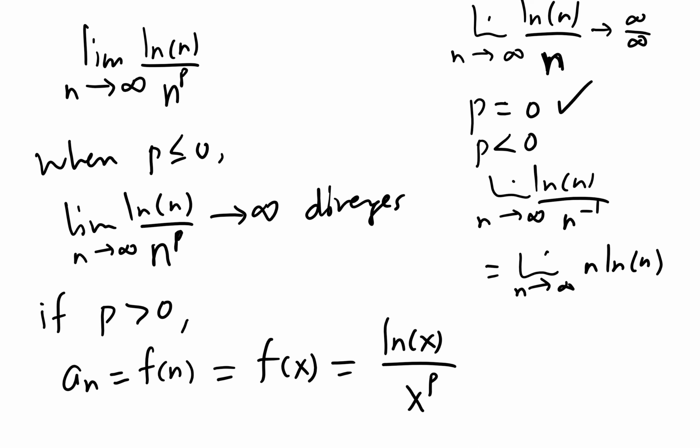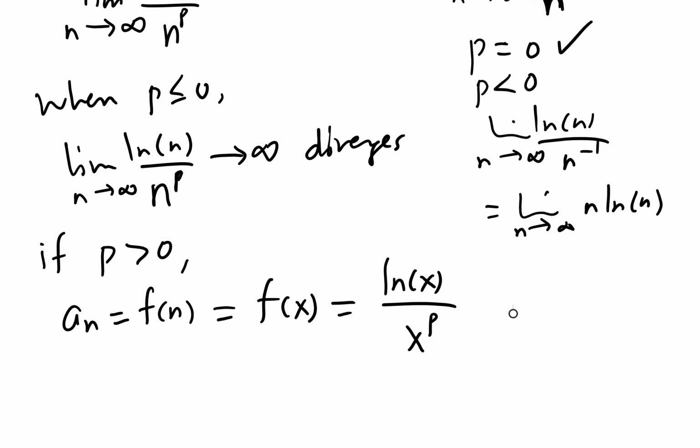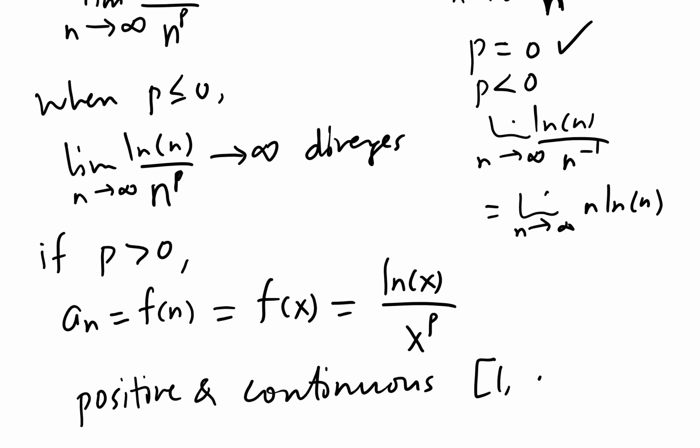Keep in mind that p is positive. Now, this function, if you plug in x equals 1, 2, 3, 4, you will always get values from 0 on, eventually positive. So this thing is positive and continuous on the interval 1 to infinity.